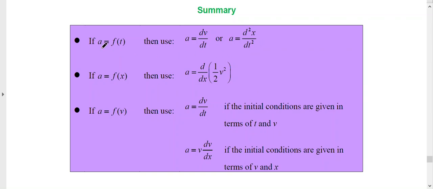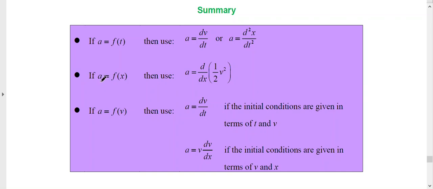So if you're given acceleration as a function of time, so a equals f of t, then you should use a equals dv dt, or a is the second derivative of position with respect to time. Okay, because that means if the original acceleration function is a function of time, then it makes sense to use dv dt because that's a function of time, and d²x dt² again because you're differentiating with respect to time.